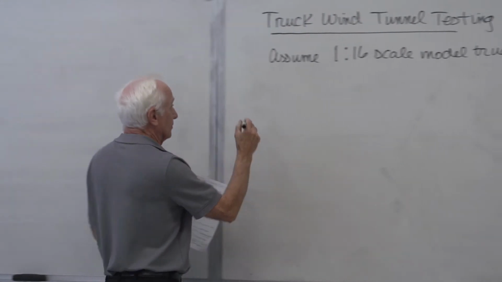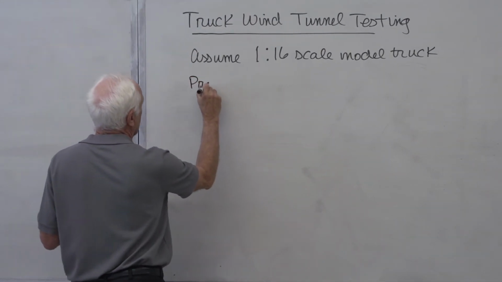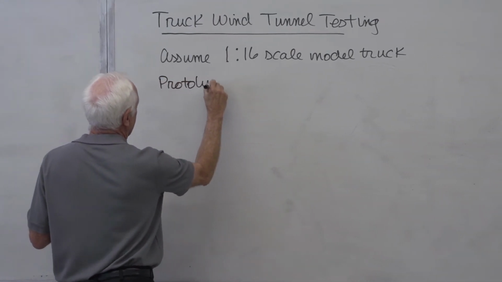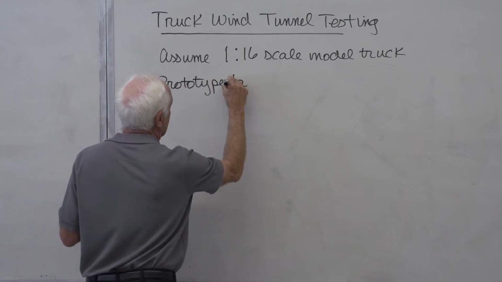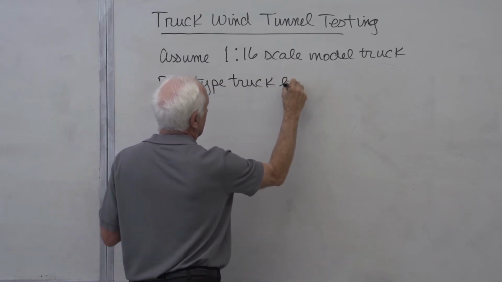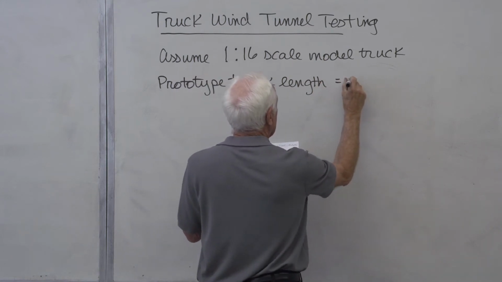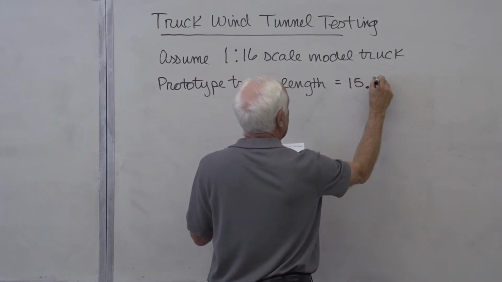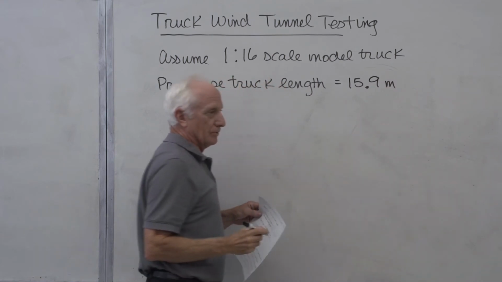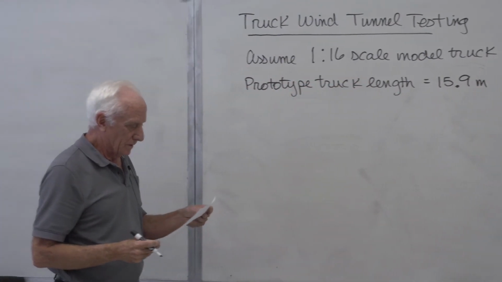So the prototype truck length, we're going to assume, is 15.9 meters. That's a typical tractor-trailer truck on the road.